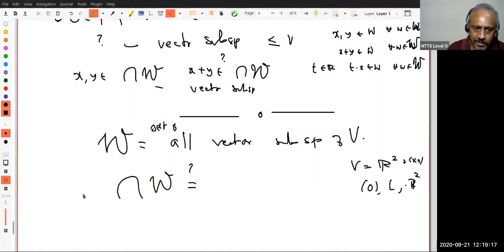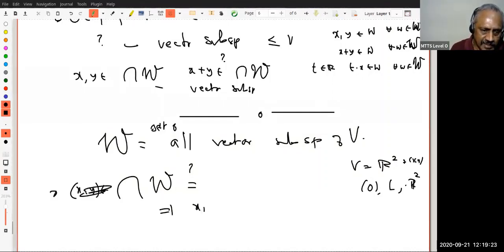That means if the vector x belongs to this, x must be the 0 vector. Do you understand this?